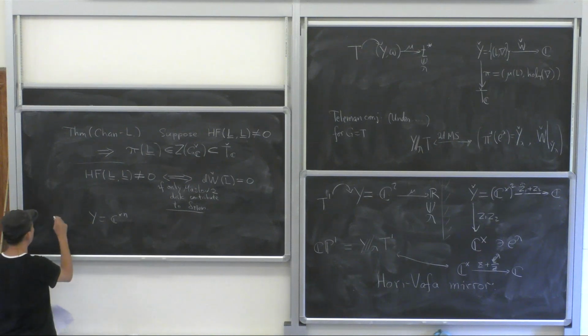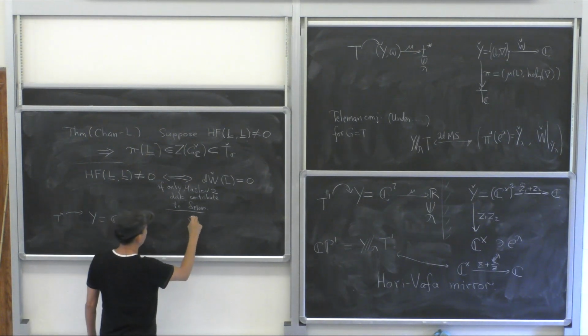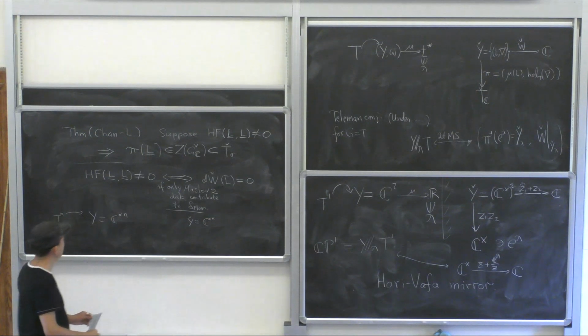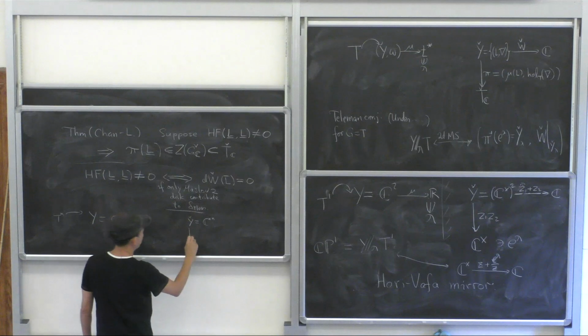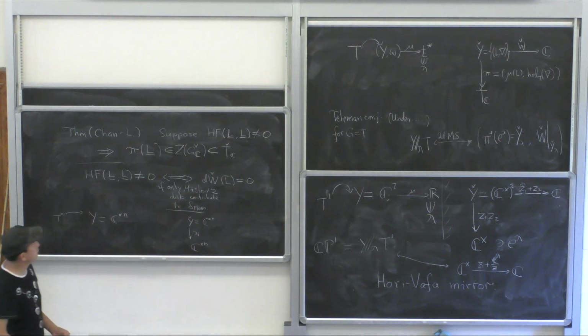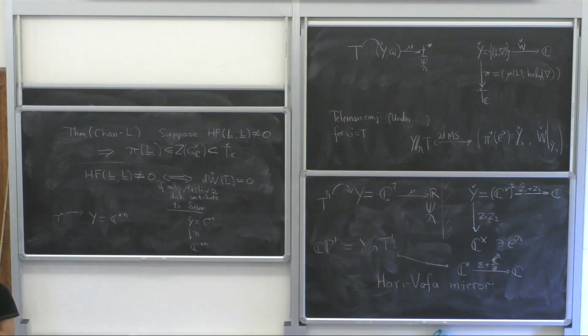So for example, you've got a T^n action, then Y check is again C star to the n, right? And then the map pi will be the identity. But in that case, these are all 0 because Y just moves away. It's 0.